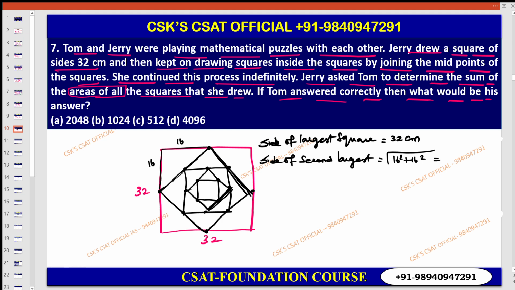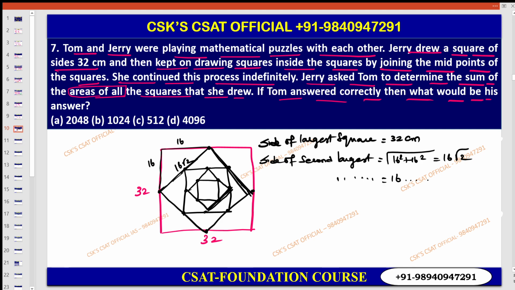Take 16 as common, the root and square cancel, then root of 1 plus 1 becomes root 2. So it becomes 16 root 2. Then the next one becomes 16, because 8 root 2 whole square, 8 root 2 whole square, it becomes 16. Like that, next becomes 16.